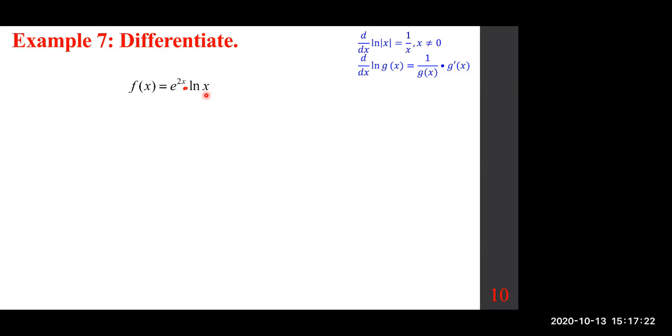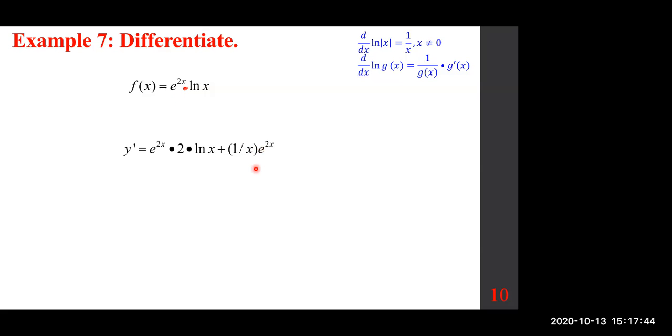And ln x is simply 1 over x times e to the power of 2x. So e to the power of 2x times 2 times ln x by the product rule, okay? e to the power of 2x times 2 and then times ln x. Then ln x gives us 1 over x times e to the power of 2x.